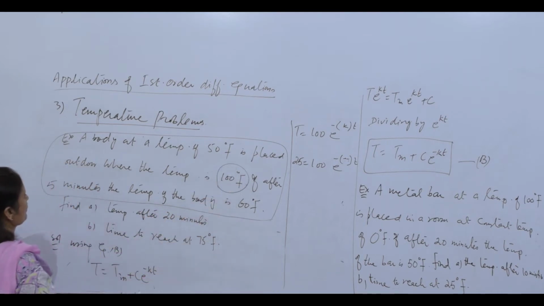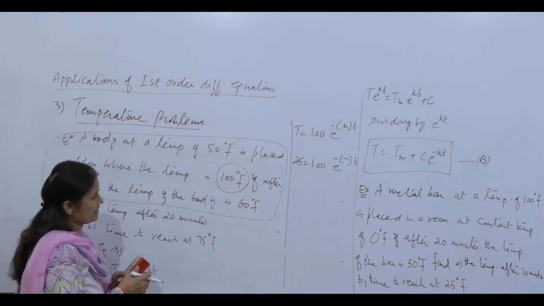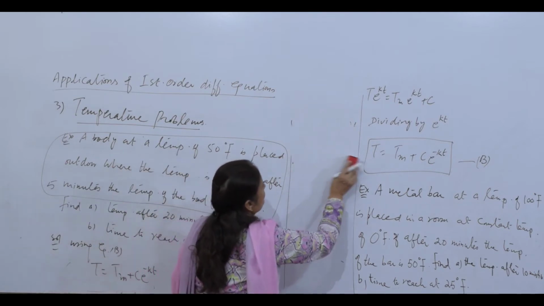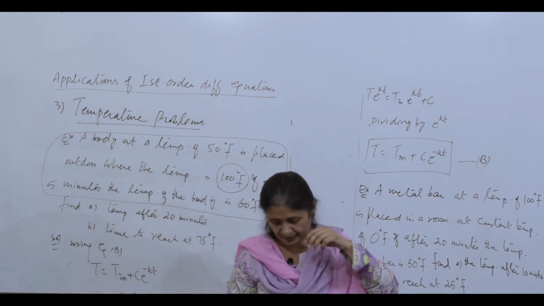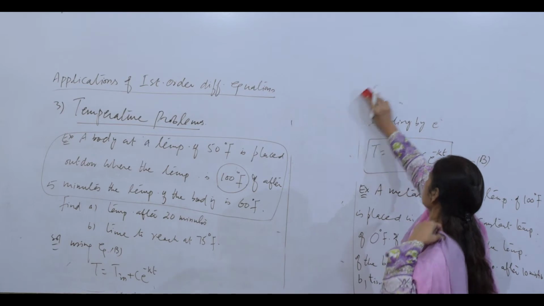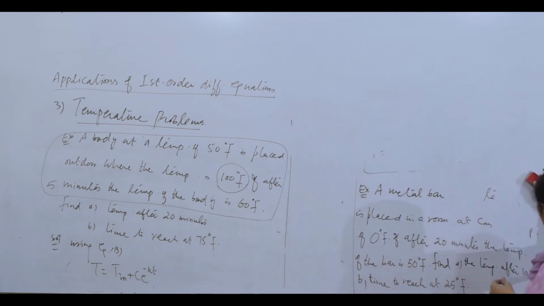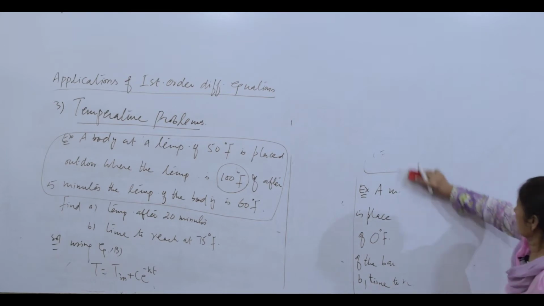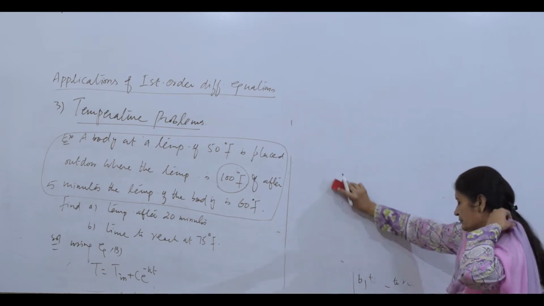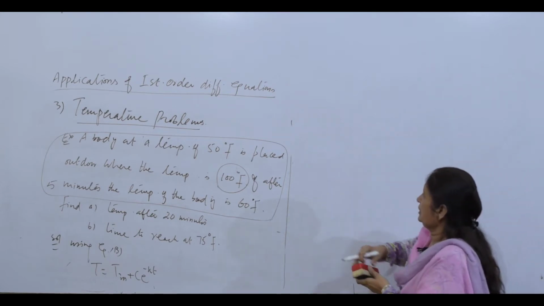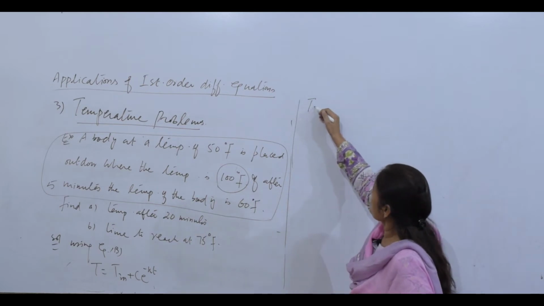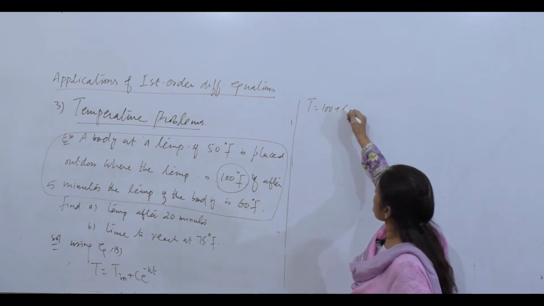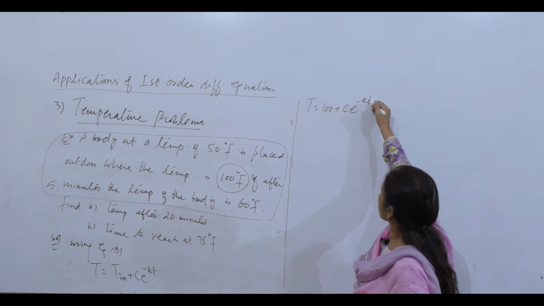This is outdoor. So we have T is equal to 100 plus Ce to the minus Kt.